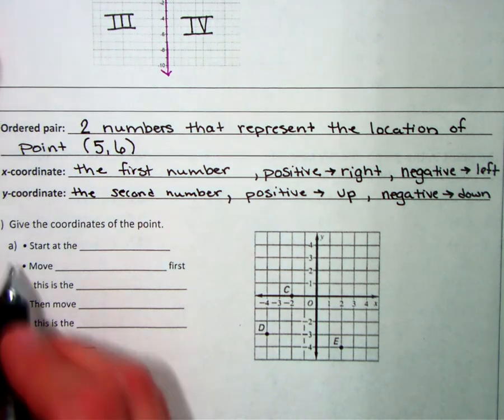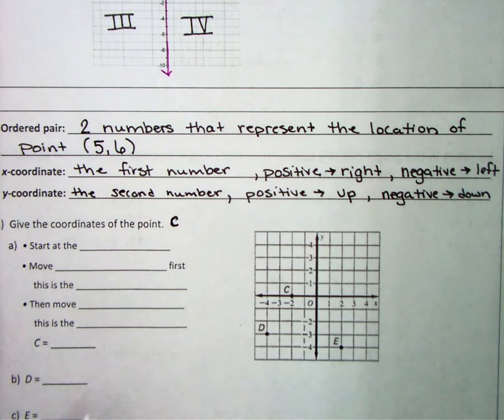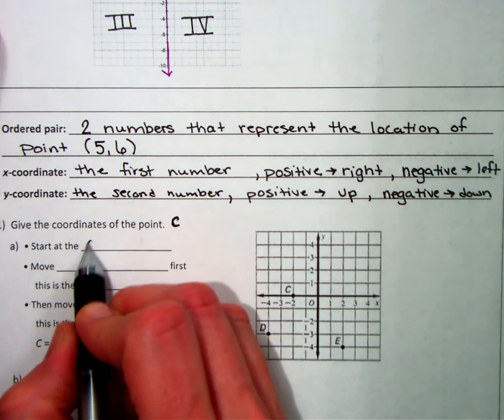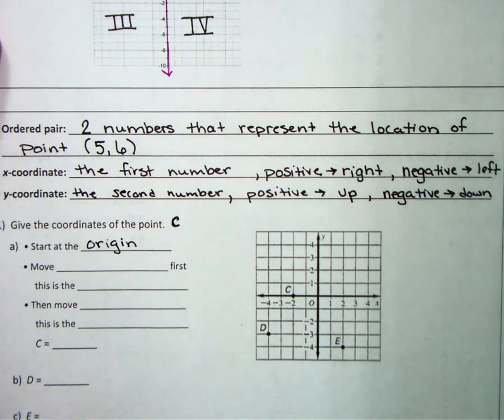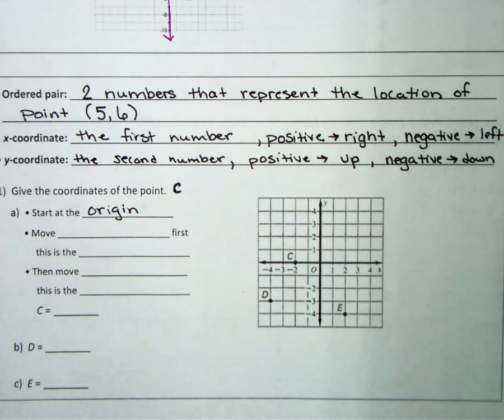Okay, so what we're going to do is we're going to give the coordinates of a point. So we're going to give the coordinates of point C. Basically what you're doing is you're telling somebody how to drive from the origin to point C. So I'm at my house, which is at the origin, so we're going to start at the origin. And you're telling me how to get to Costco or whatever.